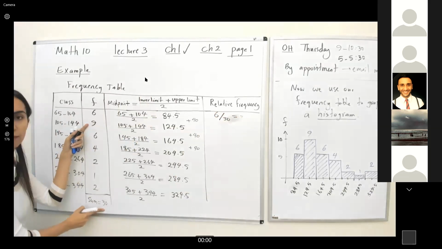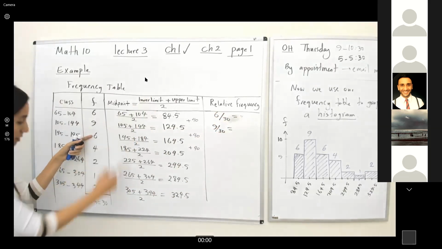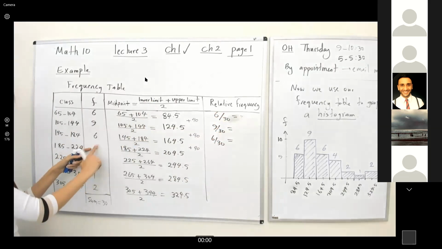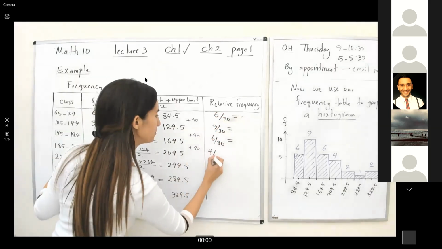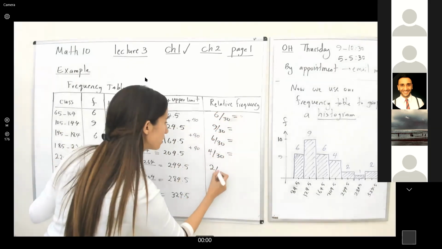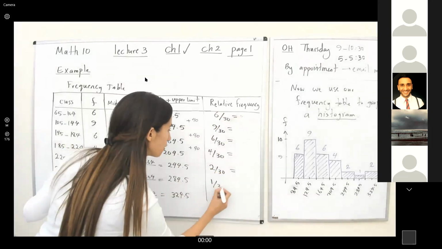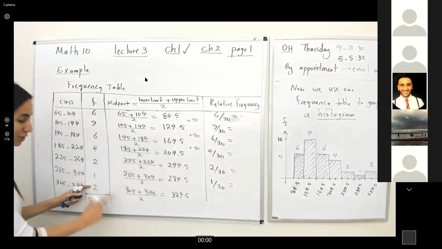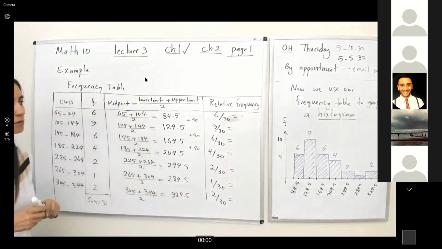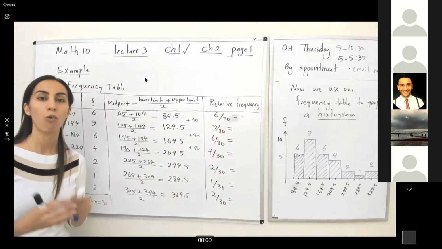9 divided by 30. 6 divided by 30. 4 divided by 30. 2 divided by 30. 1 divided by 30. 2 divided by 30. Relative frequency can be written in decimal or percentage.